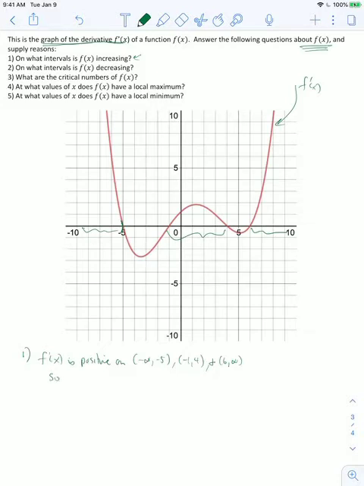And so f is increasing on these same intervals, because f is increasing when f prime is positive.